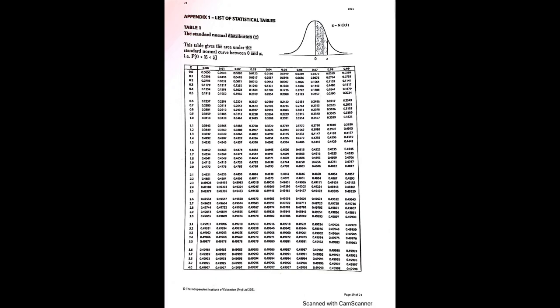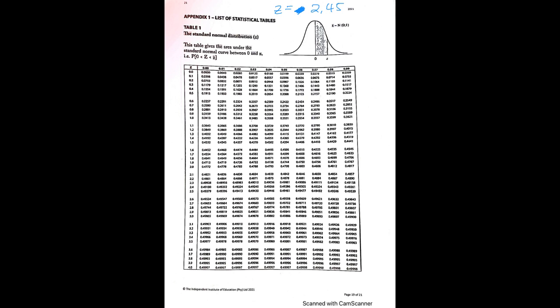So here is your table. We said that Z is equal to minus 2.45. Now, for the purpose of this module and in general, whether you're doing it in stats or any other module, you will always ignore the subtraction sign if you have a negative value of Z and read it as 2.45.